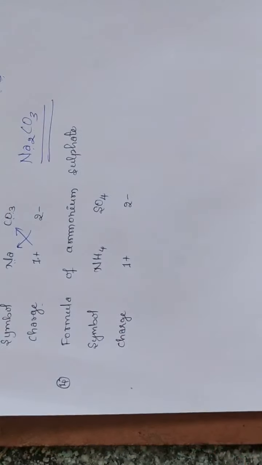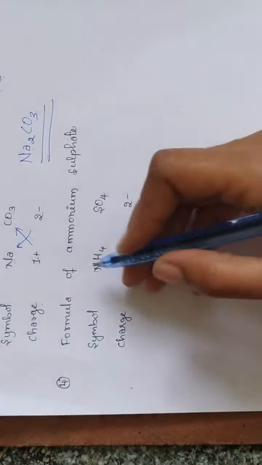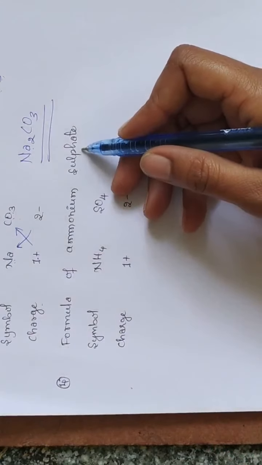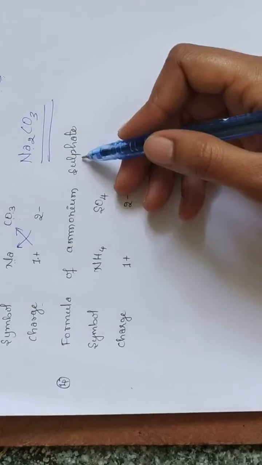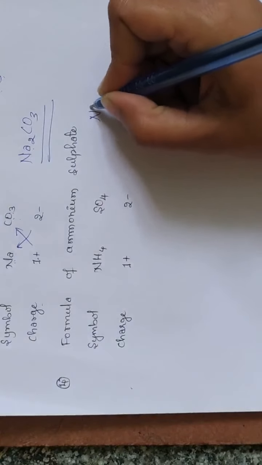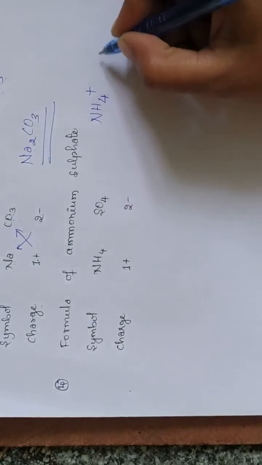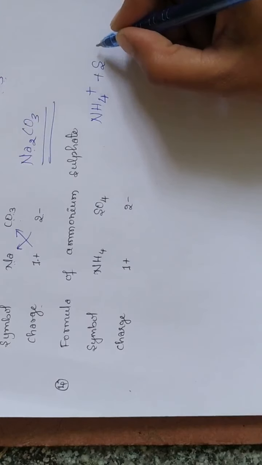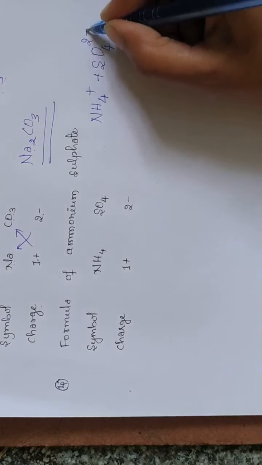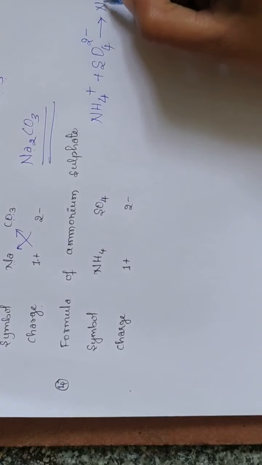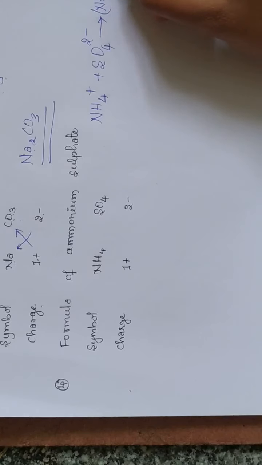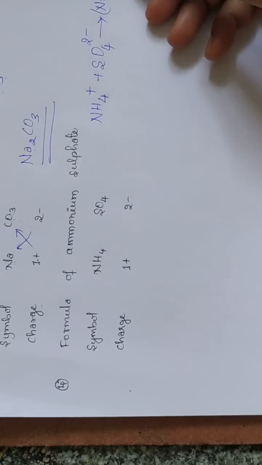Let us see the formula of ammonium sulfate. The ammonium ion combines with the sulfate ion and forms ammonium sulfate.